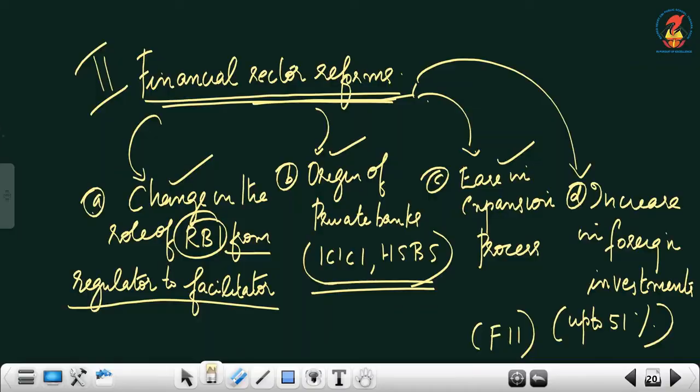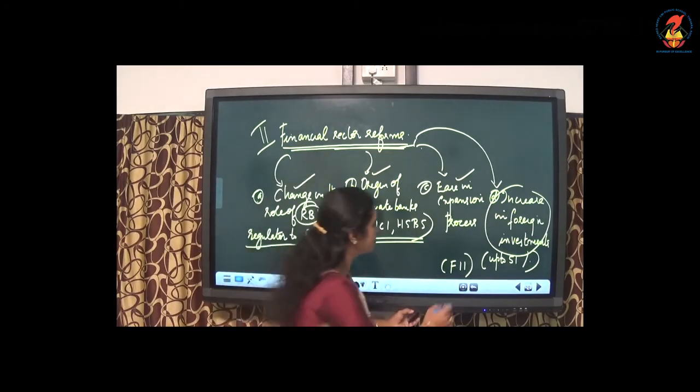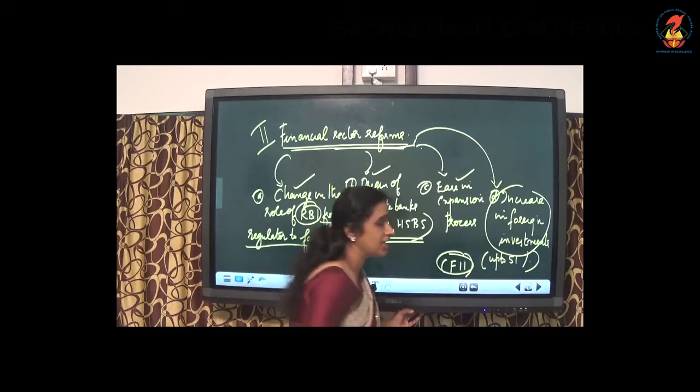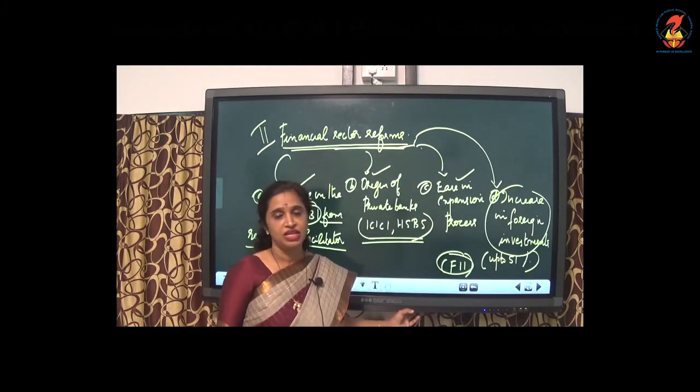Now the next one is increase in the foreign investment. Foreign investment can create foreign exchange reserves. Many of the foreign institutional investors, FII, were given freedom to invest in our country. The main result of those investments is the MNCs which are functioning in our country. What is the main benefit of that?